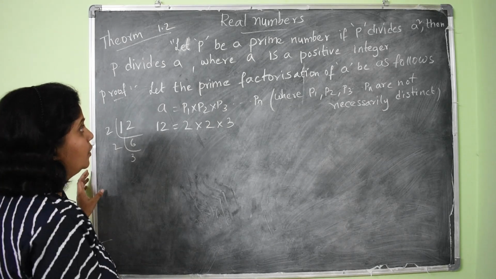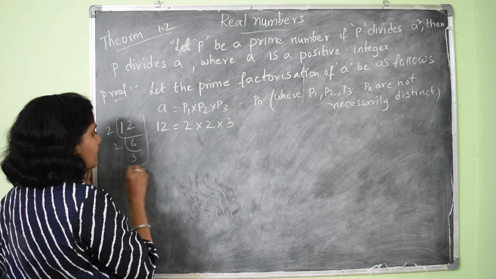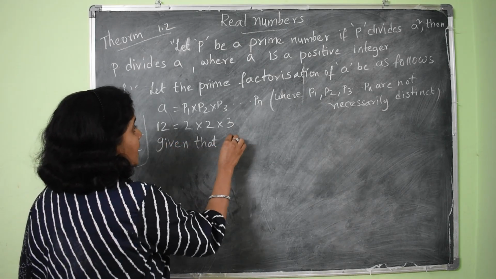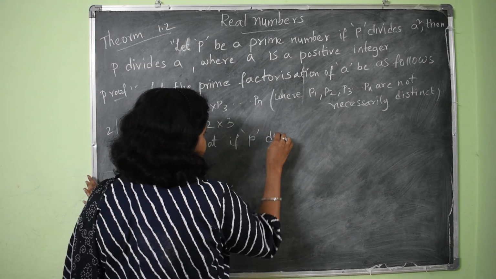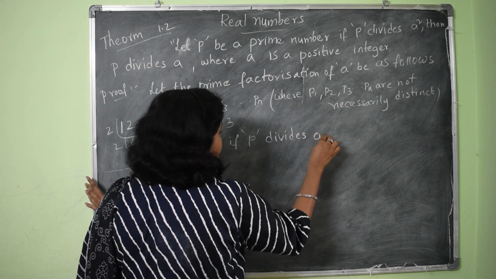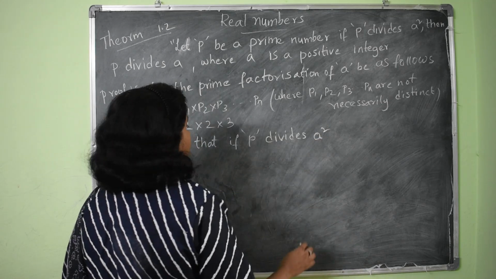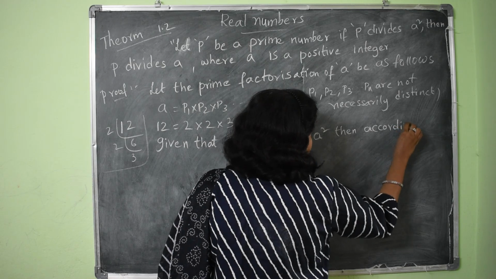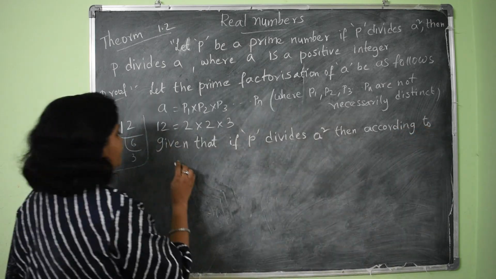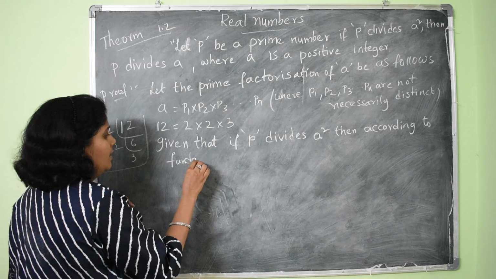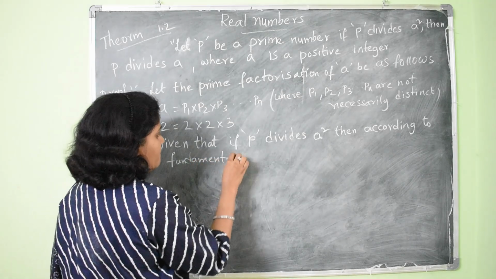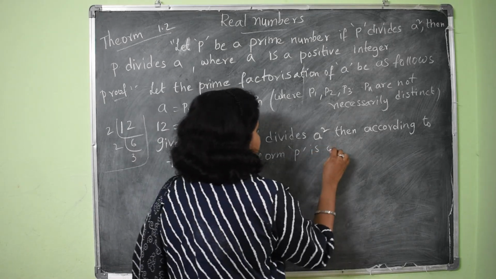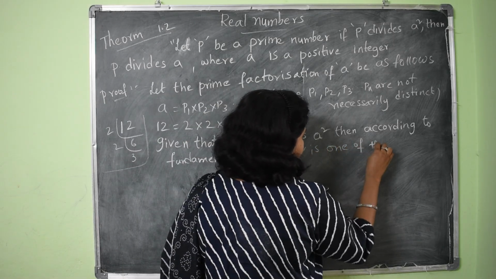Okay. So what is the given condition? Given that if P divides A square, then according to the fundamental theorem, P is one of the factors of A. Is it true?